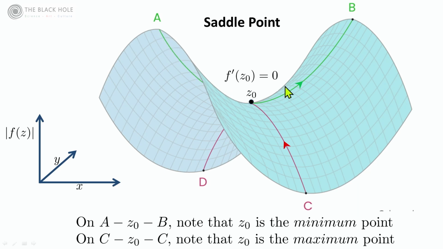So here I have a minimum on this path, but if I go on the path C, Z naught, D, there's a mistake over here, this should be D, I'll change that in the notes, then on this path, it's a maximum. So a minimum on one path, a maximum on the other path.